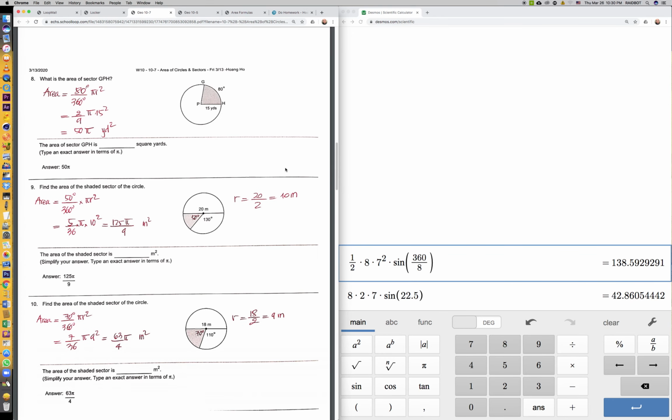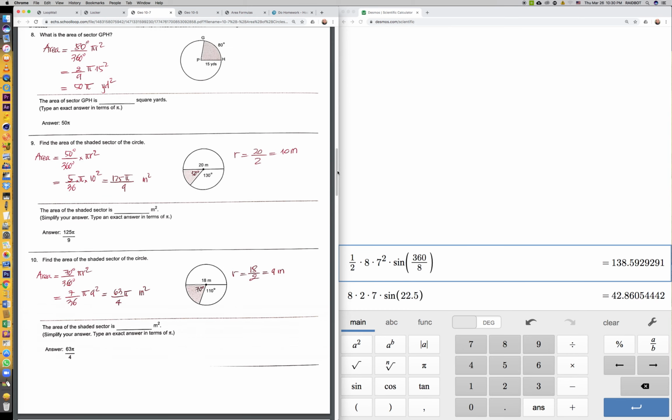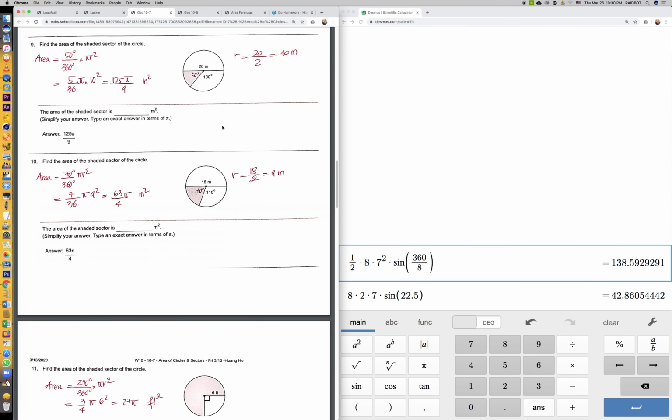So you need to find the area of the measure of your sector. In this case, 50. So the formula is area equals the measure of the arc of the sector divided by 360, multiplied by pi r square.